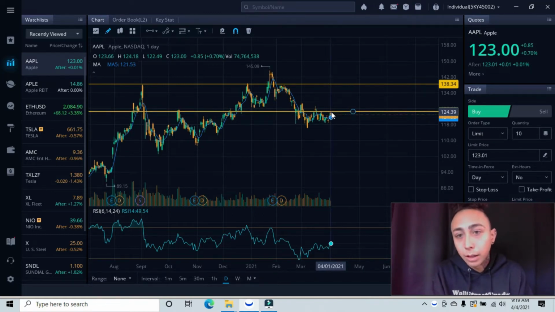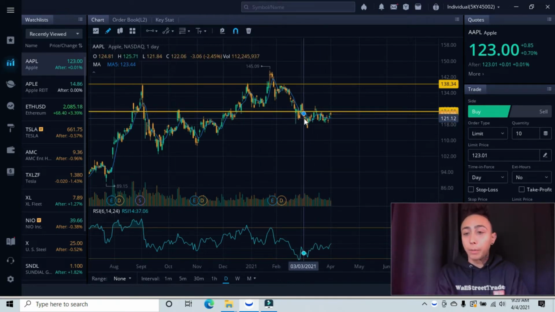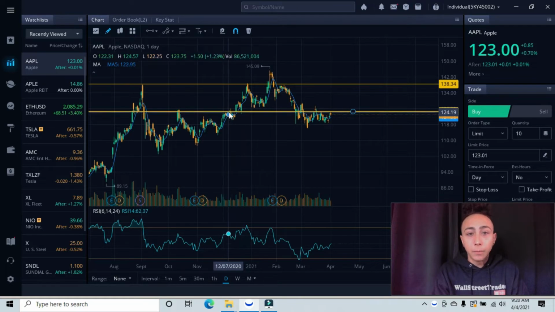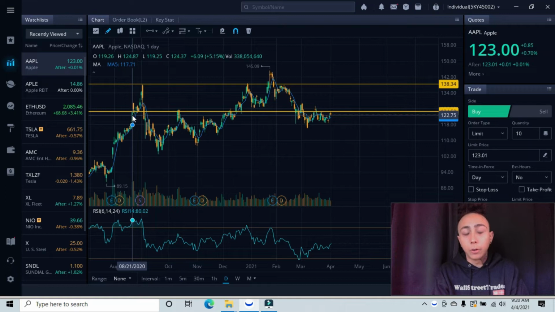We look to our left, we have candlesticks hitting all up in this area and either getting rejected or bouncing off this level. Over here, and this candlestick over here we can count. So if we just follow it, you can get an idea of how strong these levels are.